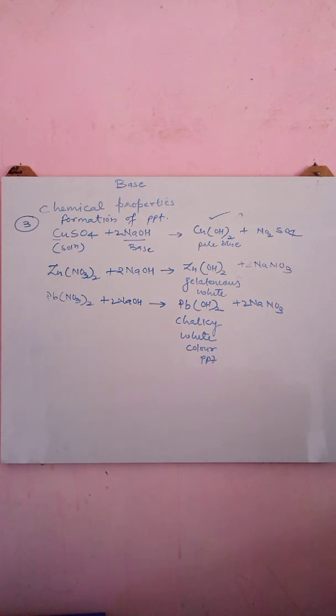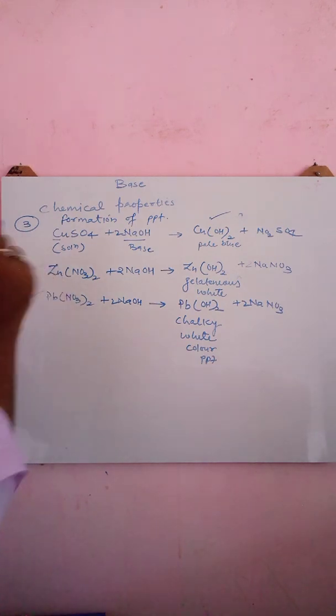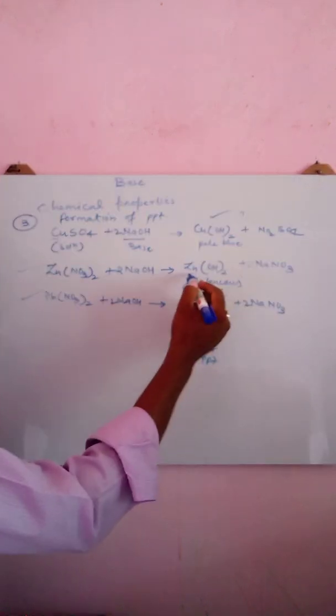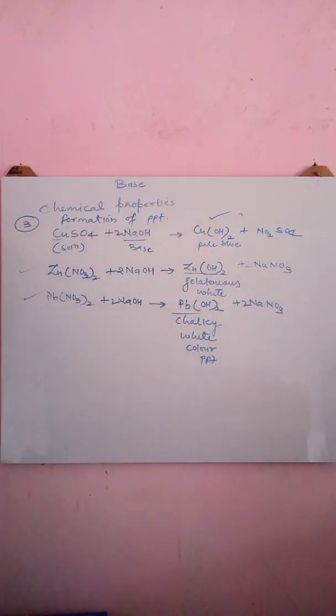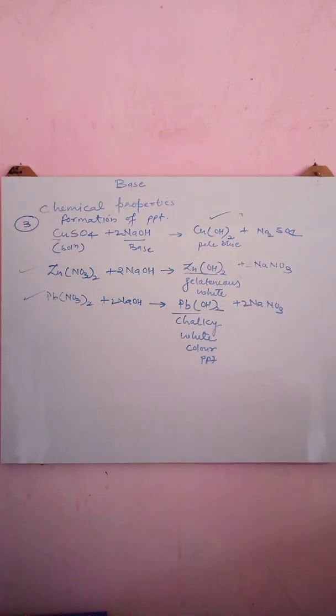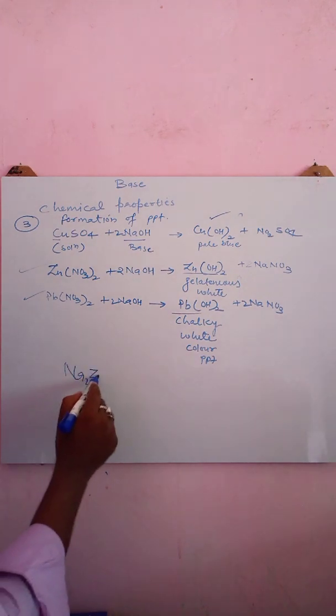See, always remember, especially when we talk about zinc and lead, the hydroxides of these metals, I'm talking about zinc hydroxide and lead hydroxide, further undergo reaction in the presence of excess sodium hydroxide to form a complex soluble salt. Here, when zinc hydroxide is treated with excess sodium hydroxide, it will form sodium zincate, Na2ZnO2.